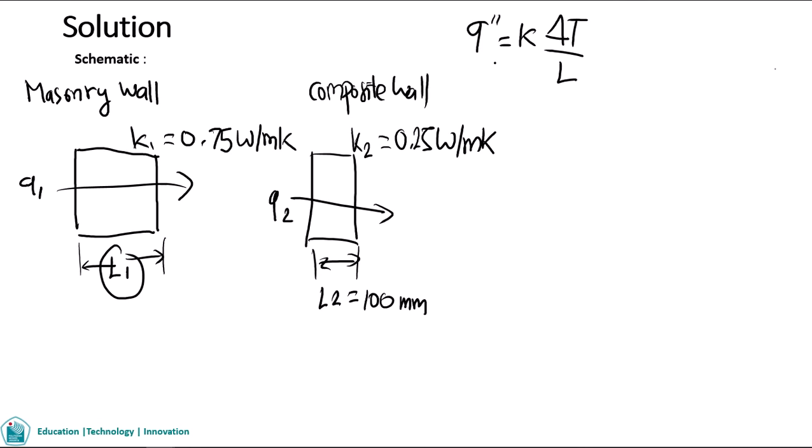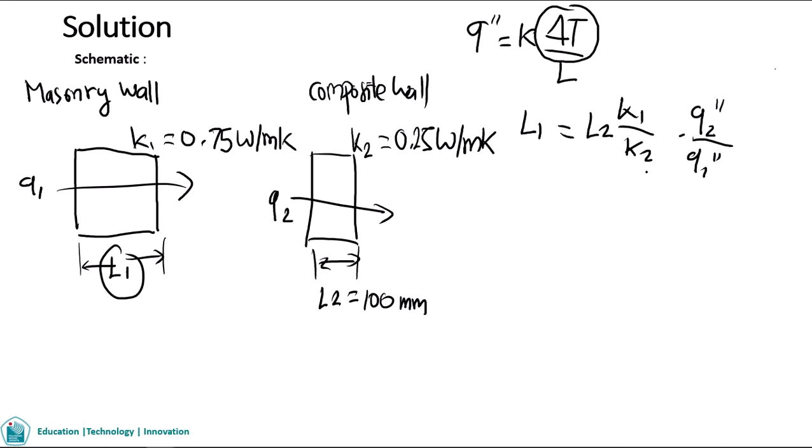Since delta T is the same for both walls, it follows that L1 equals L2 multiplied by K1 over K2 multiplied by q2 double prime over q1 double prime.